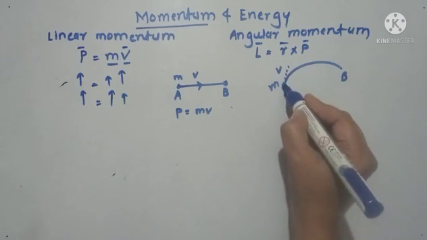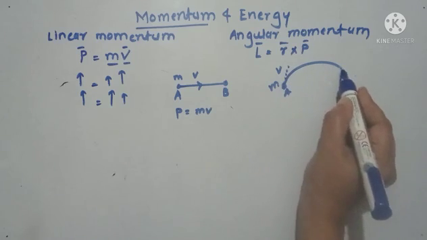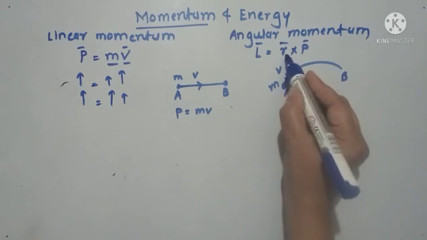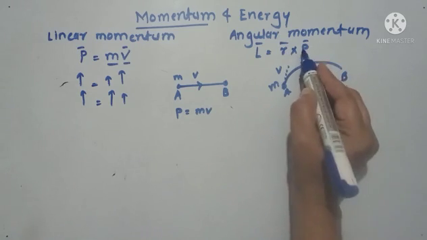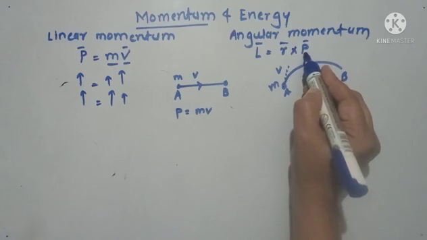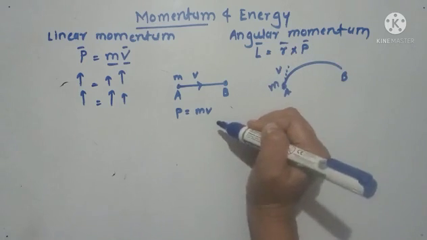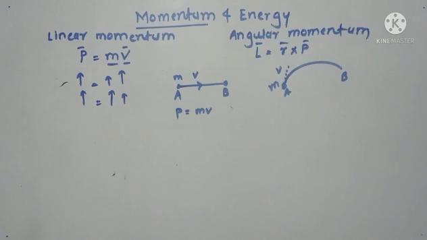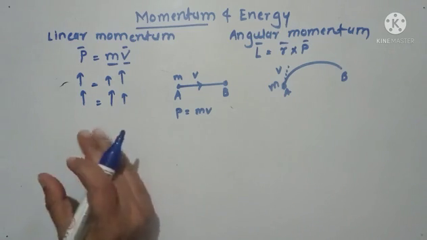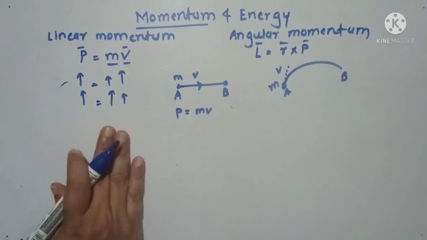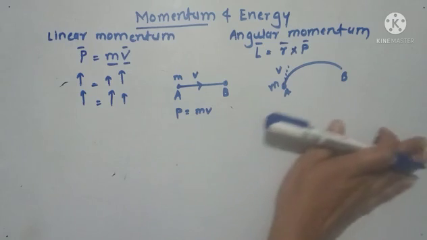When a particle is following some trajectory path, the radius of this trajectory path multiplied by the linear momentum is the angular momentum. There are certain laws of conservation of the linear momentum and angular momentum which are necessary to calculate the motion of the particle or the motion of the system of particles.